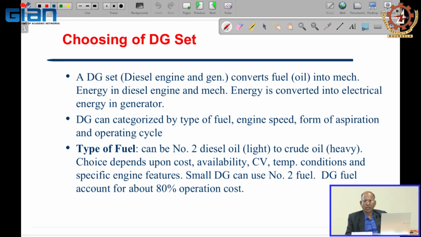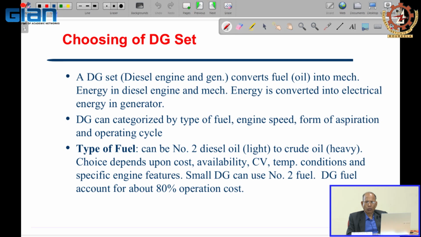It will convert the diesel fuel into mechanical energy in the diesel engine, and then mechanical energy is converted into the electrical energy in the synchronous generator. So, how you can categorize or classify diesel generators based on several classifications like the type of fuel used in the diesel engine, what is the engine speed, form of aspiration, operating cycle.